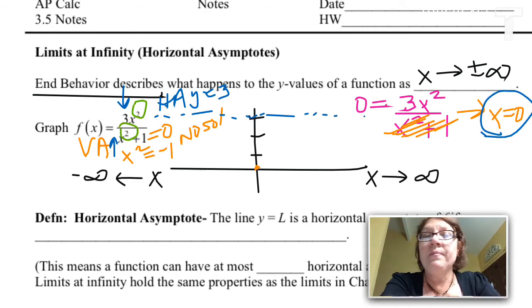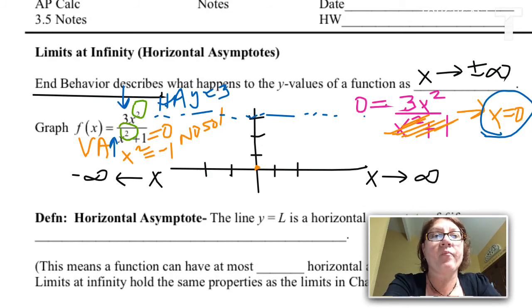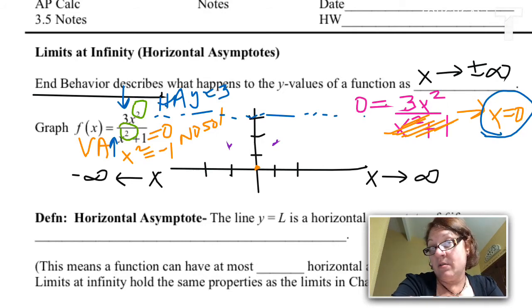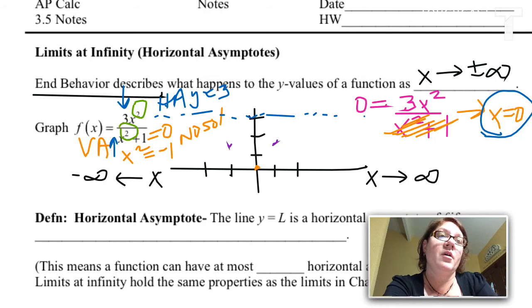If I plug in 1, I get 3 halves. And negative 1 would get me the same thing. And if I plug in 2, I'll get 12 fifths, which is 2 and 2 fifths. And same thing for negative.